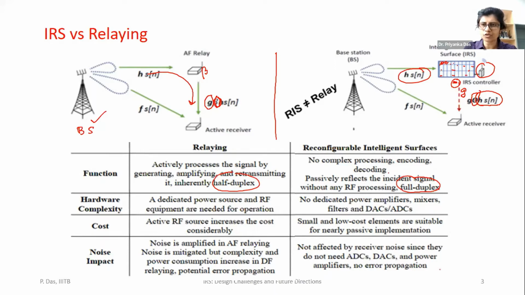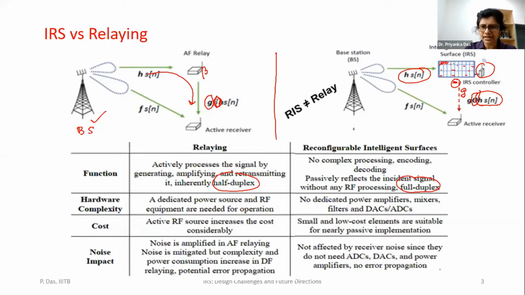There is no need to wait, as in, if I transmit, I cannot receive. It's full duplex operation, which will not give you the factor of half reduction we see with relaying, where your capacity is half of log of 1 plus composite SNR. But here we do not have this half factor. We have log of 1 plus SNR.